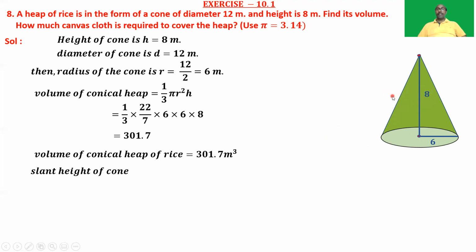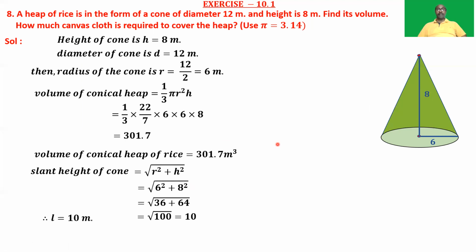Before finding the curved surface area, we have to find its slant height. The slant height of a cone is l = under root r square plus h square. From this we get under root 6 square plus 8 square, which is equal to 10. So the slant height of the cone l is 10 meters.